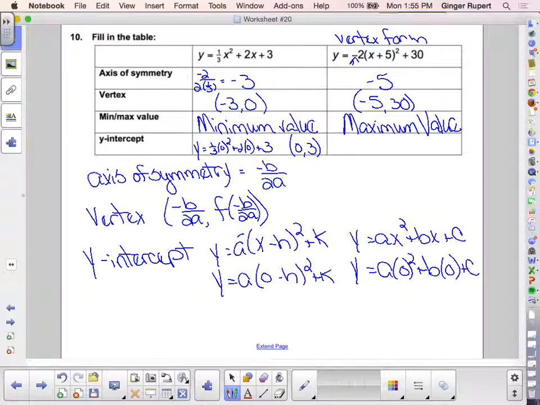So that will be y is equal to negative 2 times (x plus 5) squared plus 30. Negative 2 times 25 plus 30 gives me negative 50 plus 30, which gives me a negative 20. So my y-intercept is at negative 20.